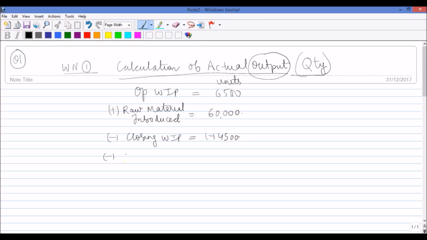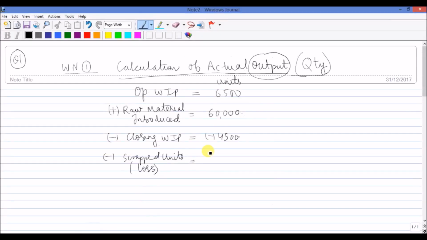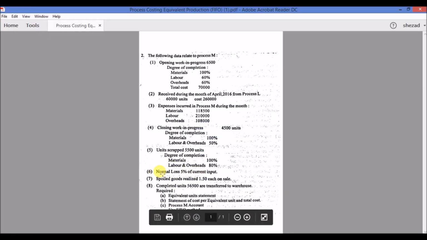We have scrap units, which are nothing but a loss, and these units are 5,500 units that I need to subtract. And then we have a normal loss of 5%, which is included in these scrap units, so we don't need to calculate it right now.